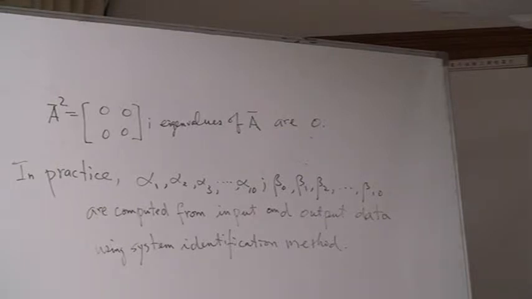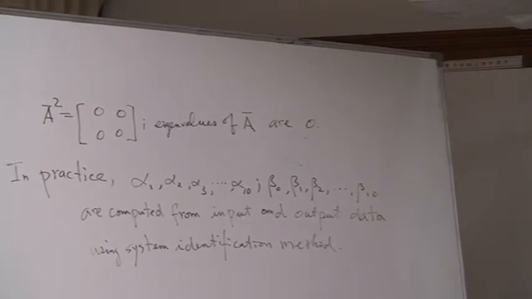Now this is only a simple math problem with 1 degree of freedom, so the matrix A is 2 by 2. If you look at this single input, single output case, we have only 3 beta.